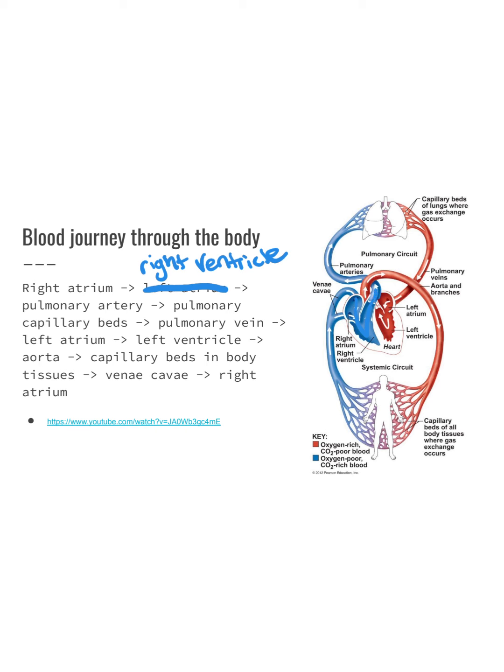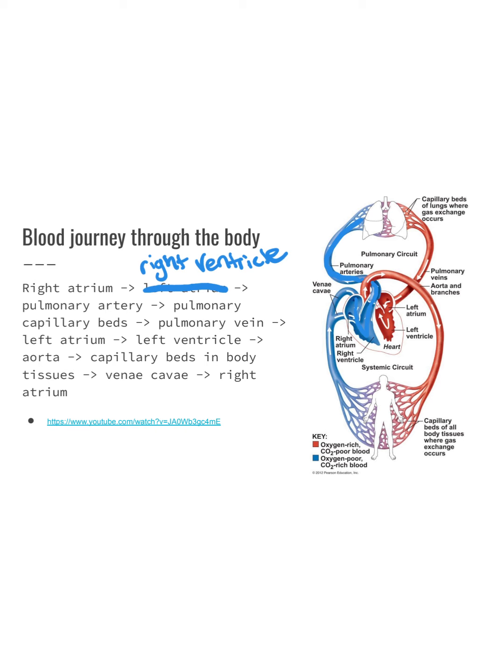So the blood is flowing into the pulmonary artery, and from there it's going to flow into pulmonary capillary beds by your lungs. And these capillary beds is where the blood is going to do the gas exchange. So it's going to get rid of the CO2 that it has, and it's going to get more oxygen.